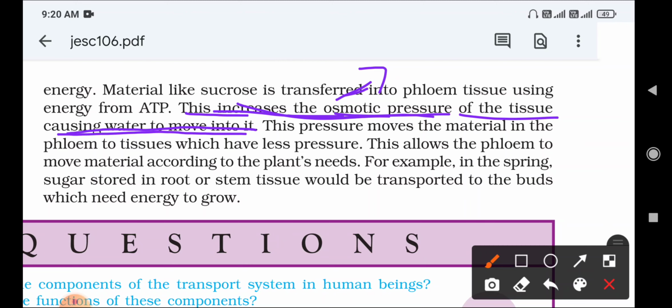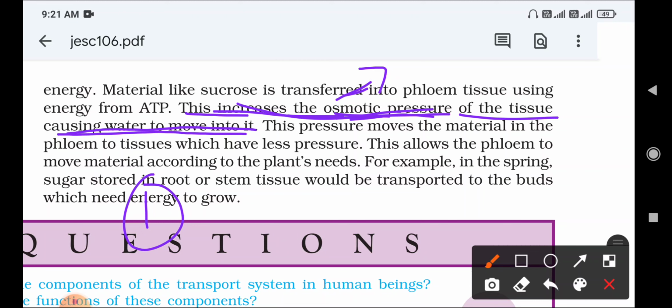It is simply one type of method that transports or exchanges water molecules. So the definition of osmotic pressure is the transport of water molecules from higher concentration to lower concentration.